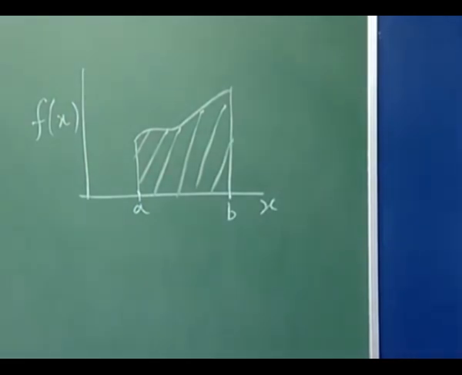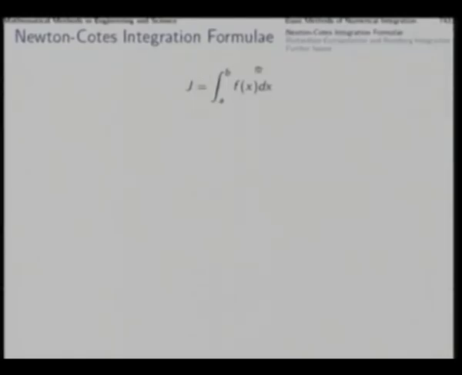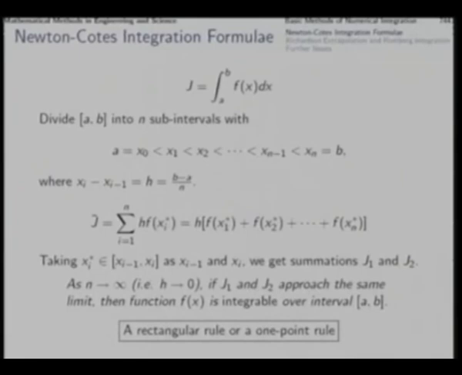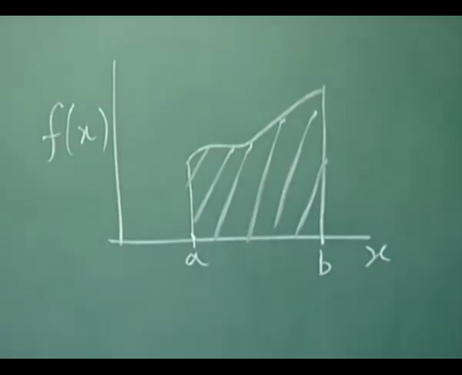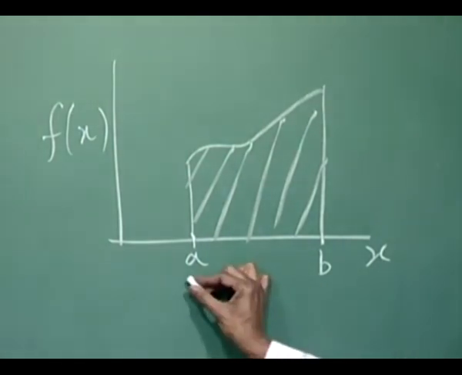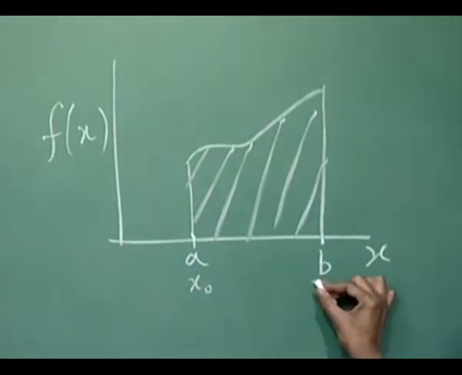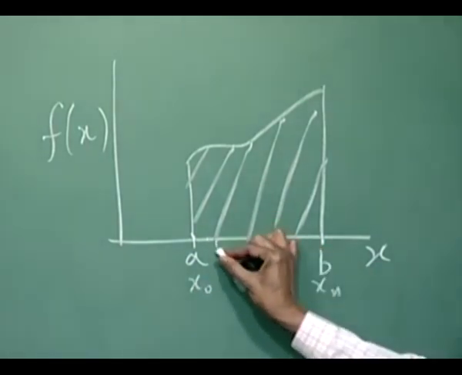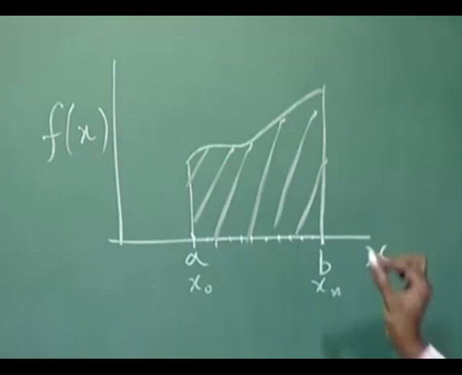that is this. Now, we will start from the definition, and the numerical integration procedure basically works directly on the definition. Now, if you divide this interval a to b into a number of subintervals, say n subintervals of equal size, and then you call this a as x0 and b as xn, and in between you have n equal intervals of size h.